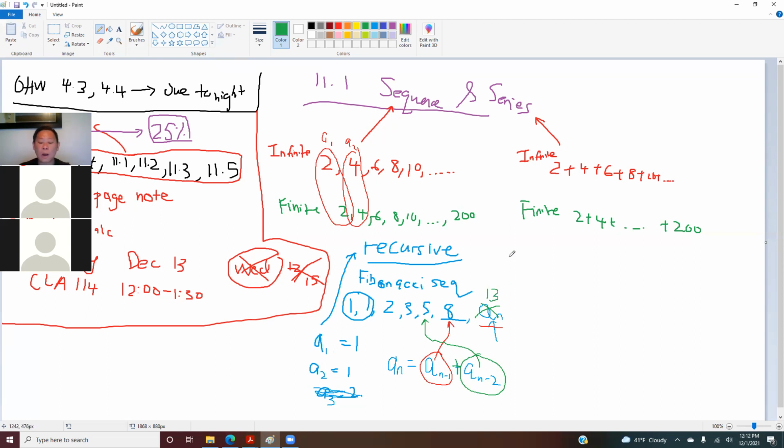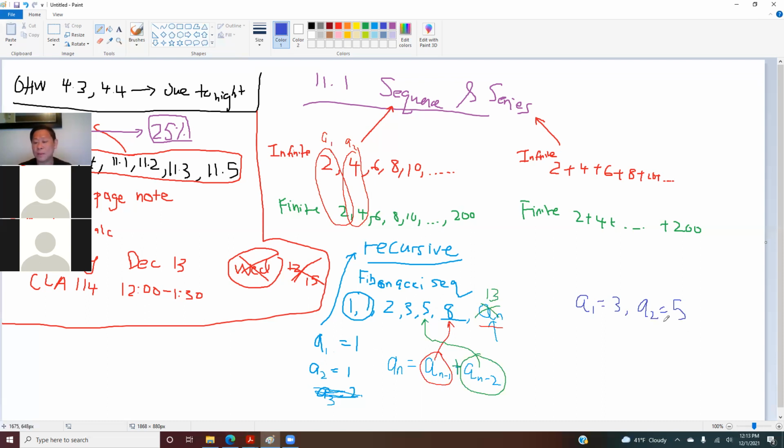Okay. So this is how we figure out your Fibonacci, what we call a recursive sequence, and one of them is called a Fibonacci sequence. Examples, we can also say, let's say that A1 is 3, A2 is 5, so it's not necessary to be always 1 and 1.